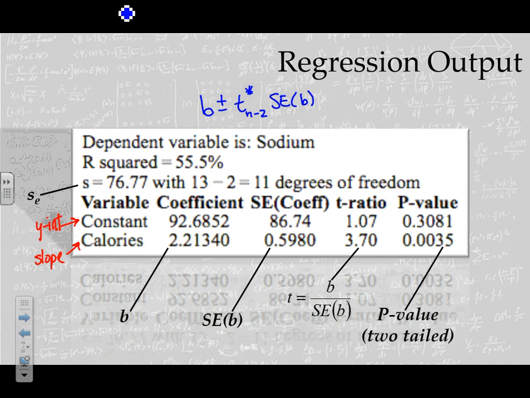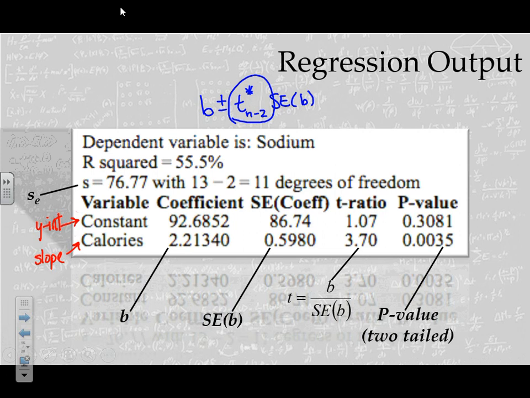The only thing I'd have to worry about is finding my critical value, which we do by using what? Either the table. So the table's a really easy one to look at because you know what your confidence level would be. You know how many degrees of freedom you would have, so you just look for those degrees of freedom, go over to the correct percentage, and there's your t-star.